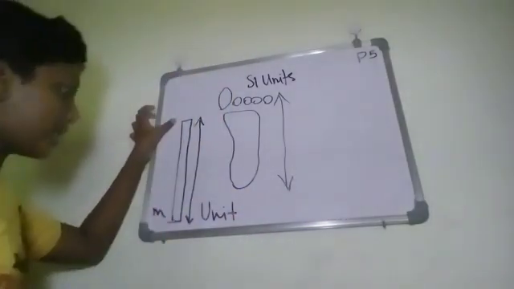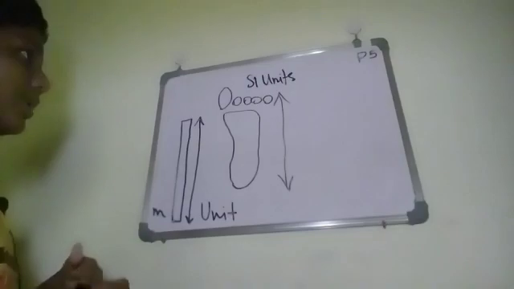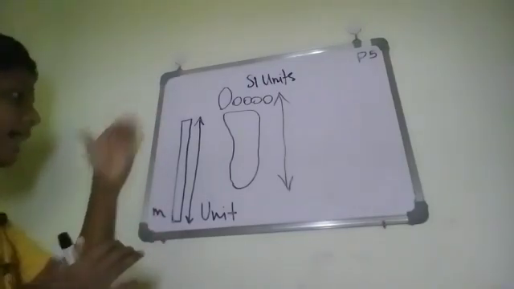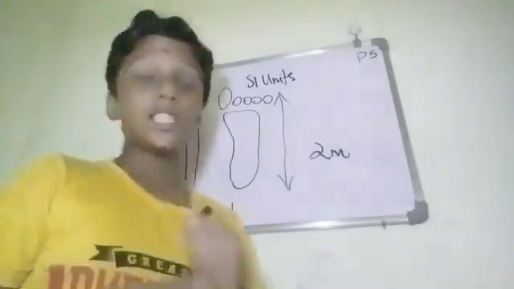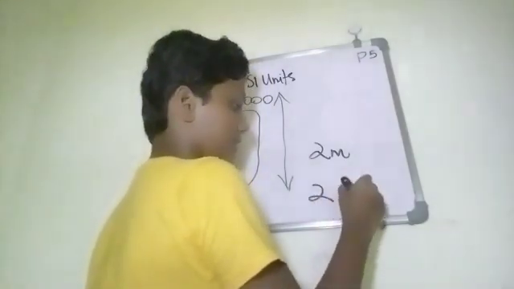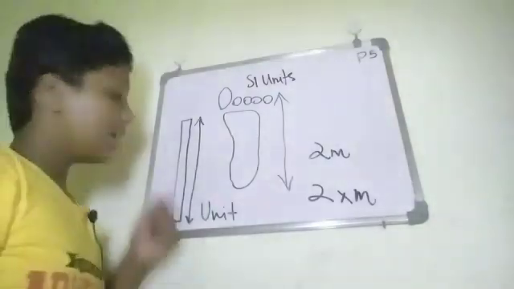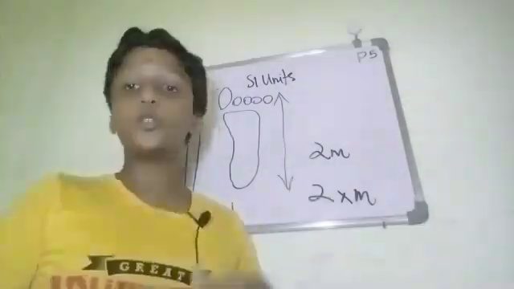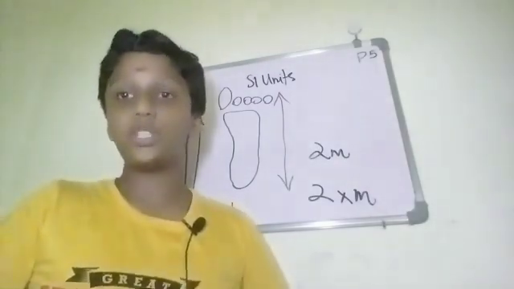So this is what is denoted by 1 meter. When you write 2 meters, it just means that there are 2 meter units. If this distance is doubled, you will get the 2 meter distance, and this is how a unit works.